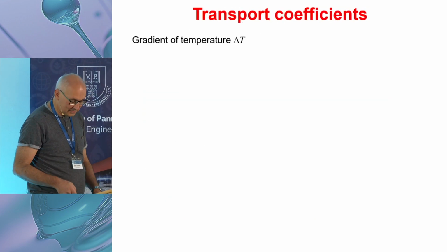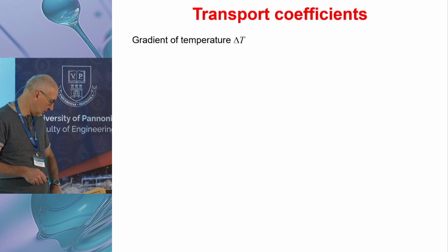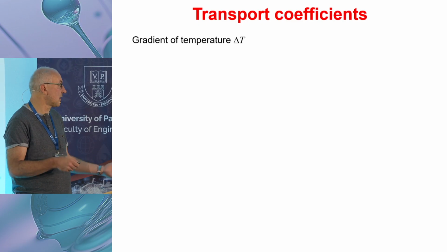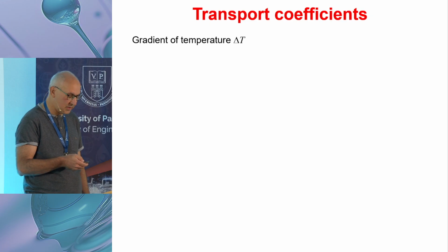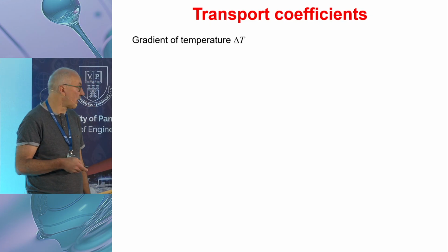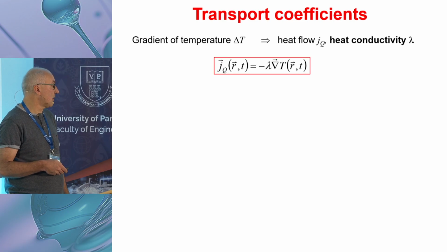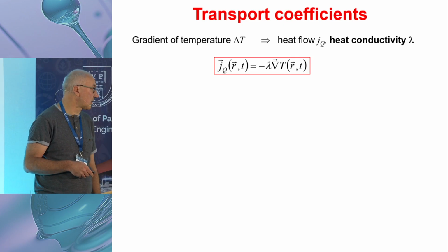So after this introduction, let's introduce the topic of transport phenomena. Always, if you have some gradient, it causes some flow, some transfer of some property. I will start with temperature: if you have a gradient of temperature, then it generates heat flow, and the ratio between these two properties is the heat conductivity.